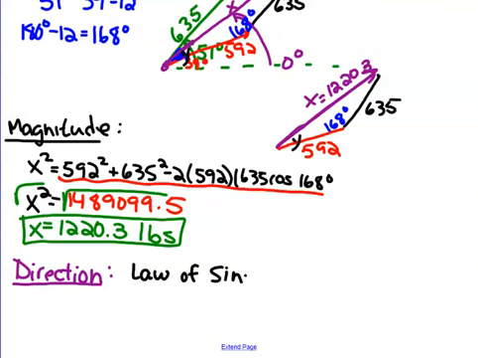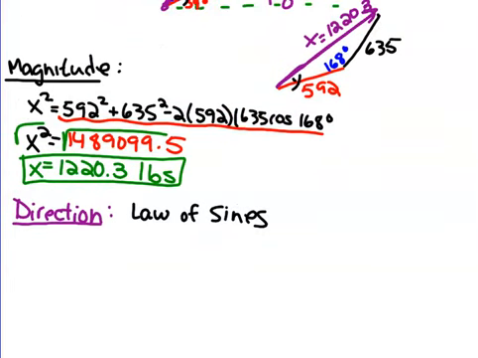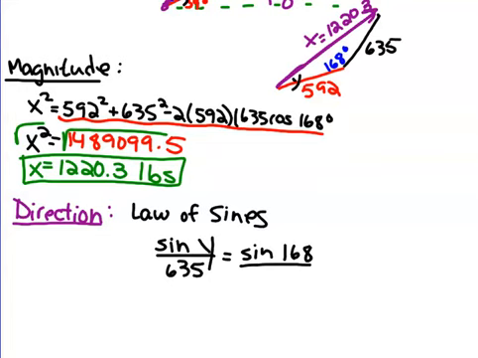So I can say the sine of the angle y over 635 equals sine of the angle over 1,220.3, and we'll cross multiply.